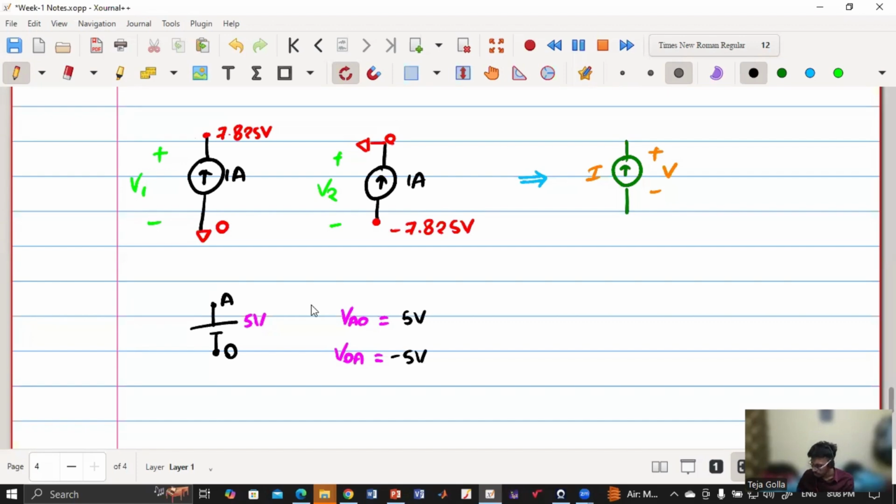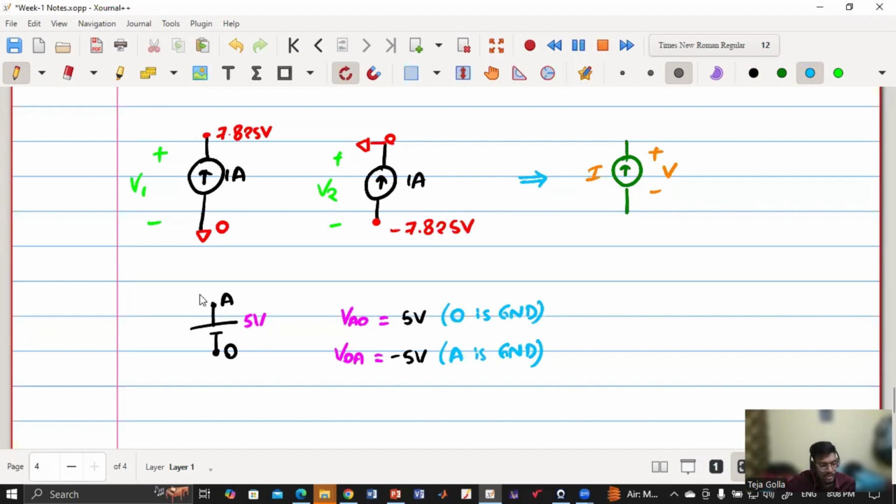Okay. So in this case, O is kind of ground because we are getting with respect to O. And here we are getting with respect to A because A is kind of ground. So in one case, if I consider O as a ground, then at A terminal I am getting positive voltage.